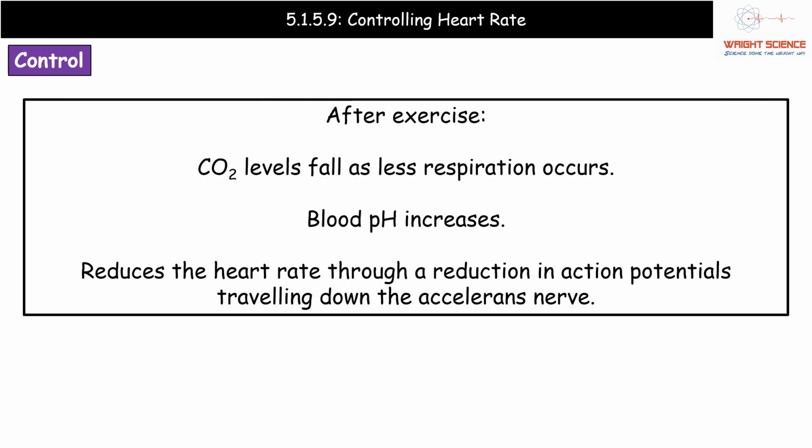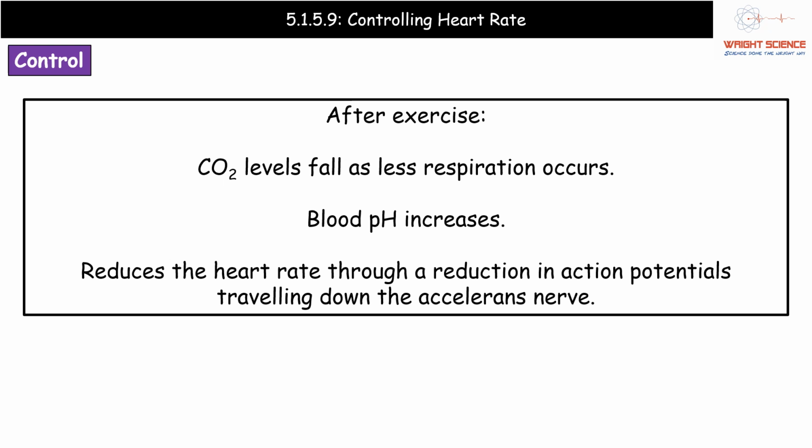Another example: when you have finished exercising, your carbon dioxide levels are going to decrease again because after exercise, less respiration is occurring, therefore less carbon dioxide is being made. Because there's less carbon dioxide being made, we're going to have less carbonic acid, which means the pH of your blood is then going to increase.